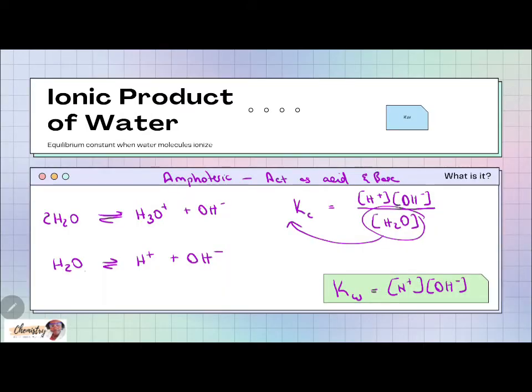Which is the product of the hydroxide ions and the protons, the ionic product of water, Kw. The ionic product of water has been experimentally determined to be 1 times 10 to the negative 14 at room temperature.